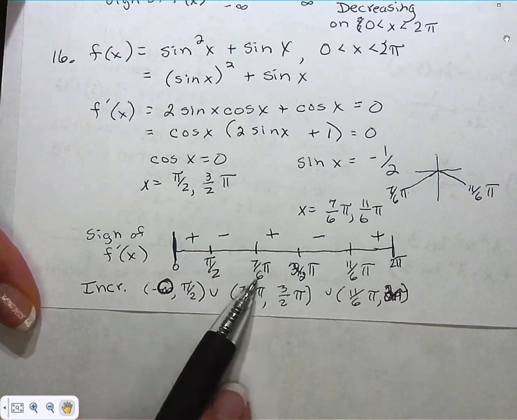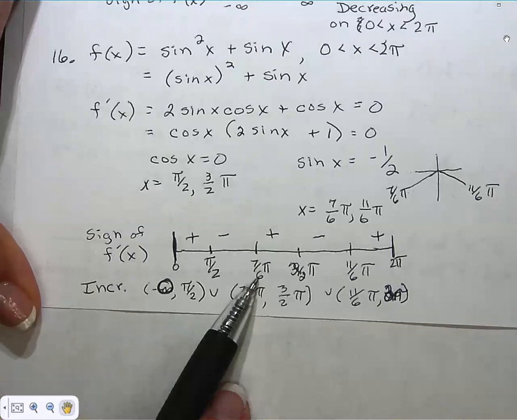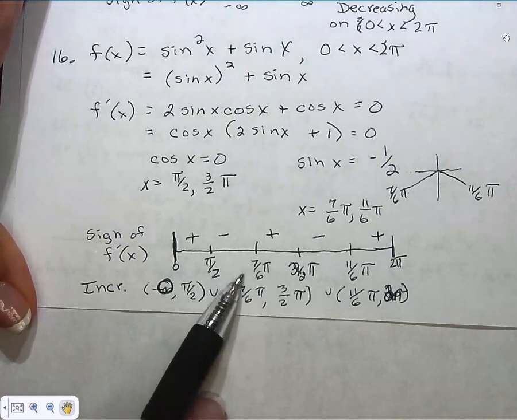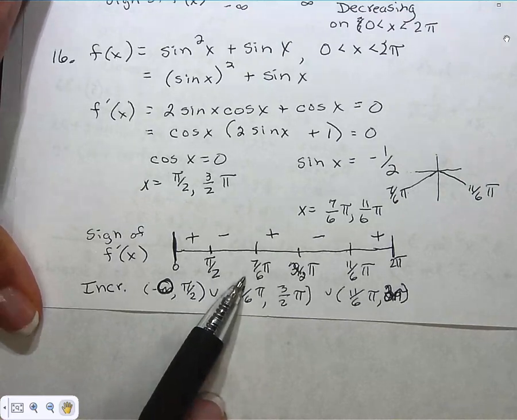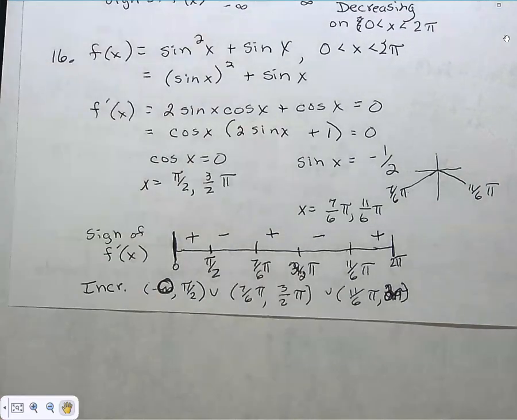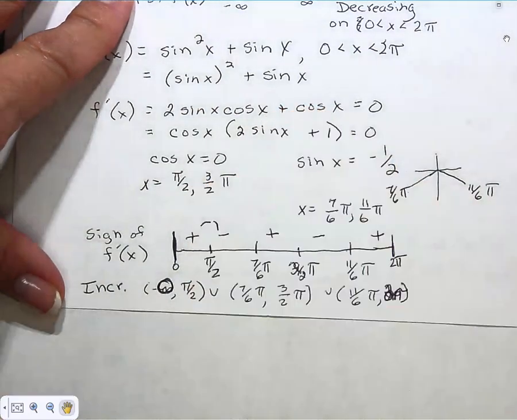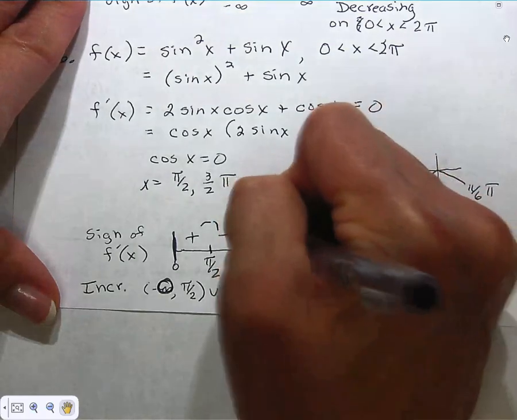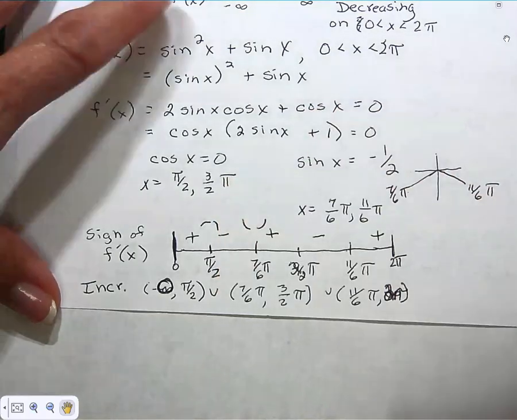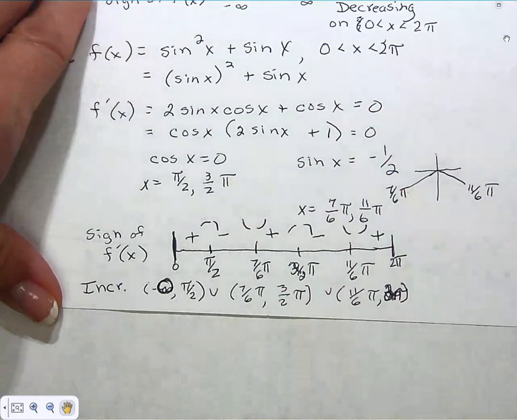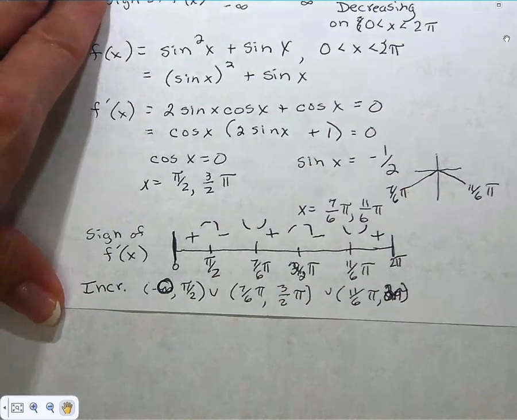And at pi over 6, the function went from decreasing to increasing, so there's a relative min. So I really don't use the first derivative test if I already have that number line and the sign of the derivative all over it. What I do is say, going from uphill to downhill, going from downhill to uphill, going from uphill to downhill, going from downhill to uphill. And that tells me everything I need to know about relative max and min.